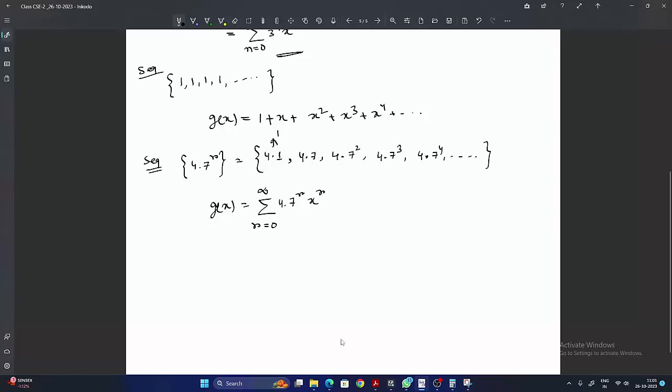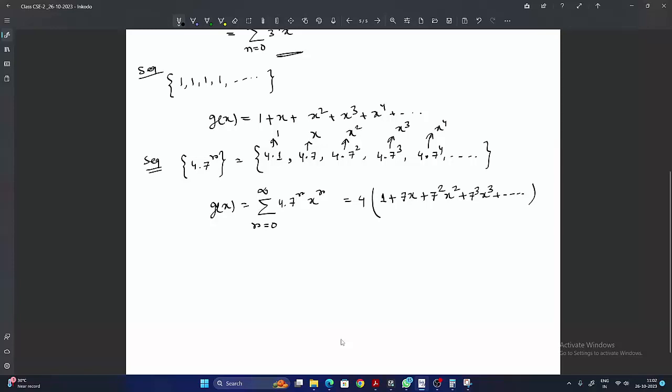Associate 1 with the first term, x with the second, x square with the third, x cube and x to the power 4 with the next ones. You can take 4 outside the series: 4 times (1 plus 7x plus 7 square x square plus 7 cube x cube plus dot dot dot).